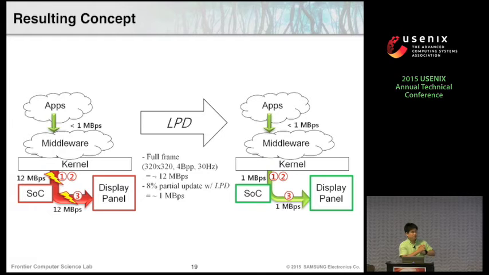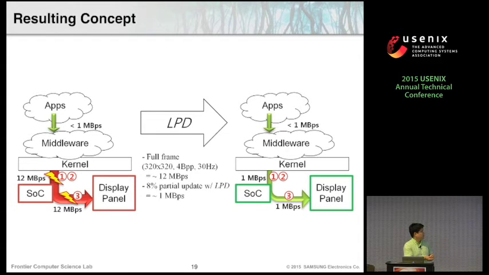Then the resulting concept is shown here. The arrows drawn in green are the abstract information, sending just the updated region, and the red arrows show the full frame being sent.